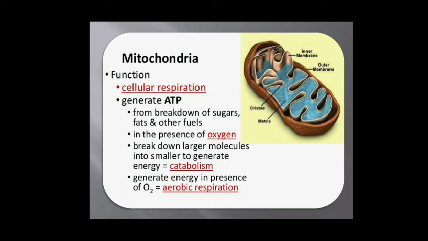So the food material present inside the cell is oxidized, meaning added with oxygen, and broken down into simpler compounds releasing energy. As the function of mitochondria is to store energy and supply that energy to the cell, it is called the powerhouse of the cell.